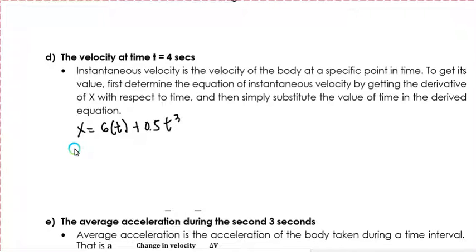In order to find the velocity, given our initial equation of the distance or displacement, we need to derive it. So v will be equal to the derivative dx over dt. So we derive x with respect to time. The derivative of 6t will be equal to 6.